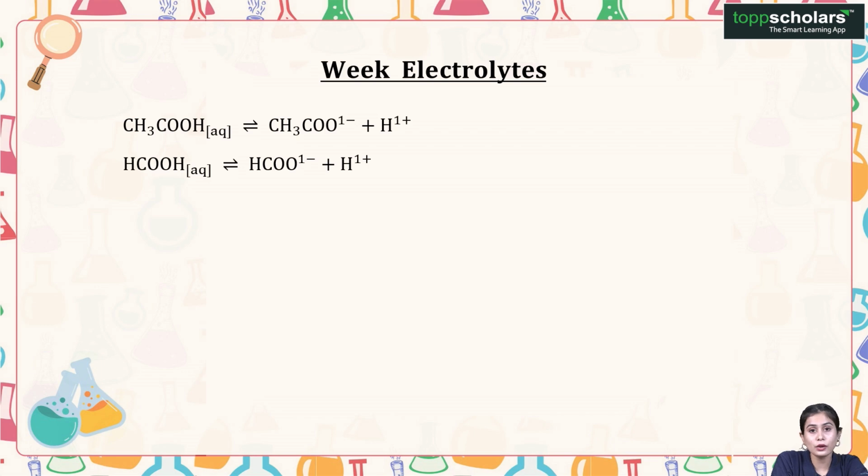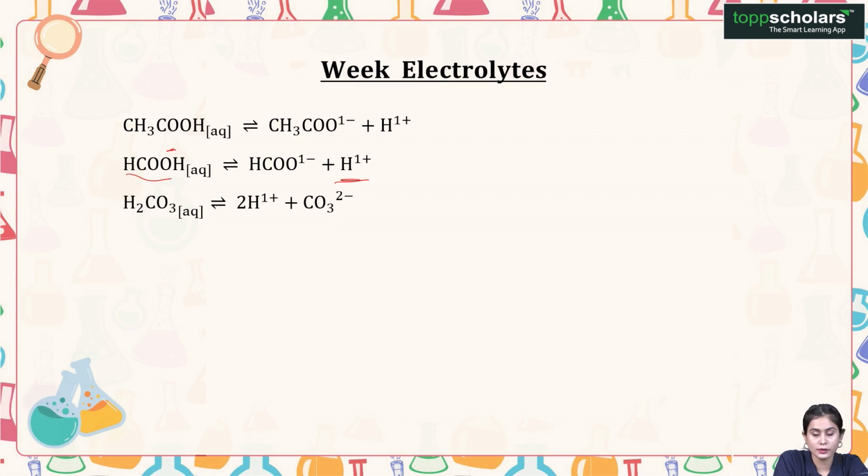Then HCOOH, your formic acid, will dissociate to form HCOO- and H+, okay, H1+. So we know the charge on it, right? So accordingly you will write the dissociation. H2CO3, your carbonic acid, will dissociate to form 2H1+ plus CO3 2-.